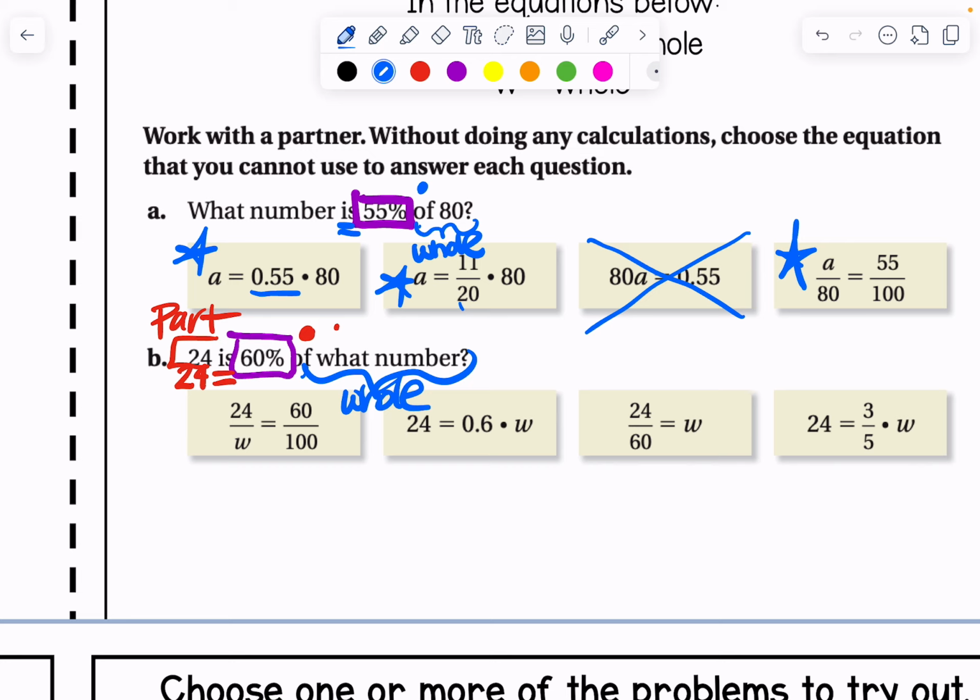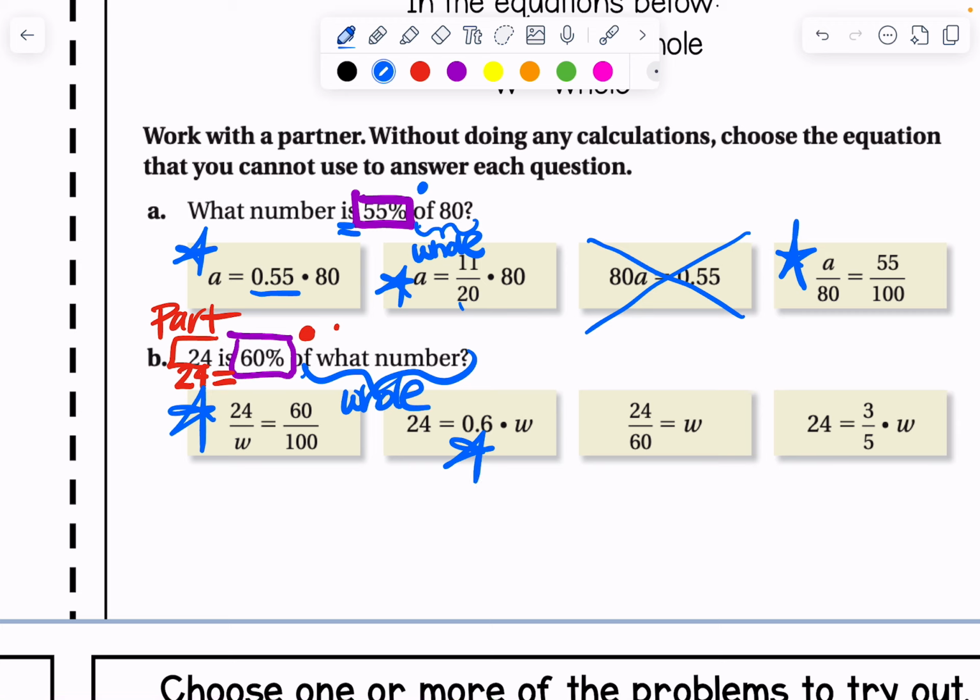So when we look at different strategies to solve this one, I have the first one, my percent proportion. 24 is the part over the whole, which I don't know yet, is equal to 60 over 100. So that would be one strategy you could use to solve. On the next one, I have 24 is equal to that 60% in its decimal form times the whole.